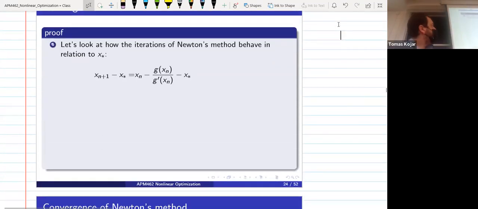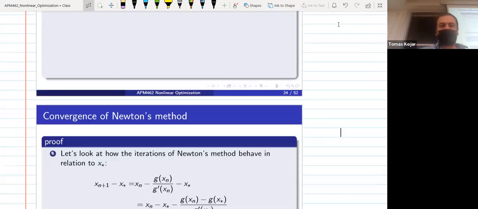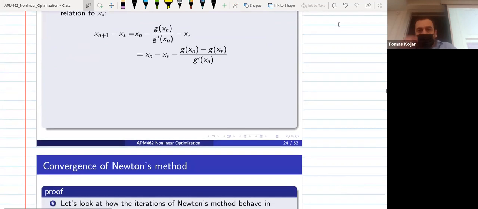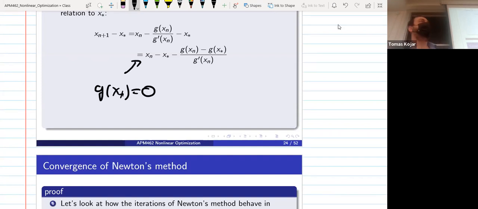So this is our algorithm. And here I used that G of x star is 0, so it's a stationary point.